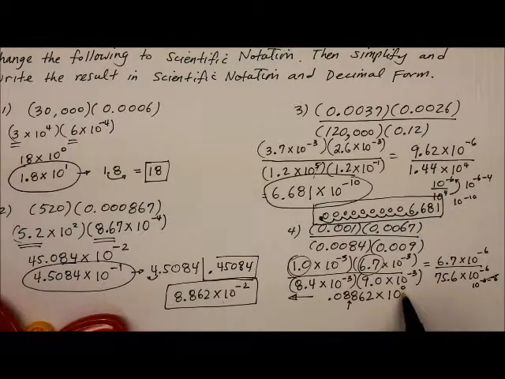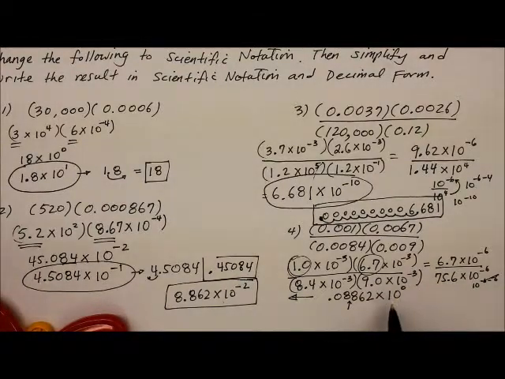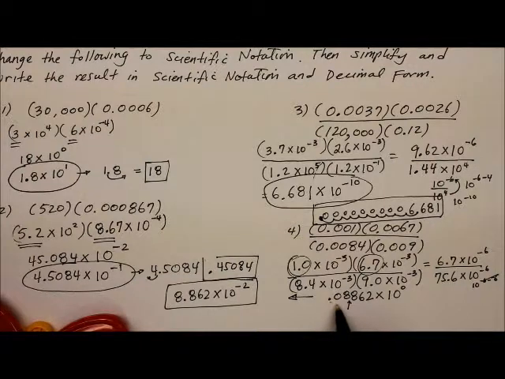Okay? And what you need to do is make this into a scientific notation. So what was over here, 0.08862, now the point needs to go between 8 and 8. So it becomes 8.862. But to bring it back to the original, you have to move it left twice. So there's that 10 to the negative 2.